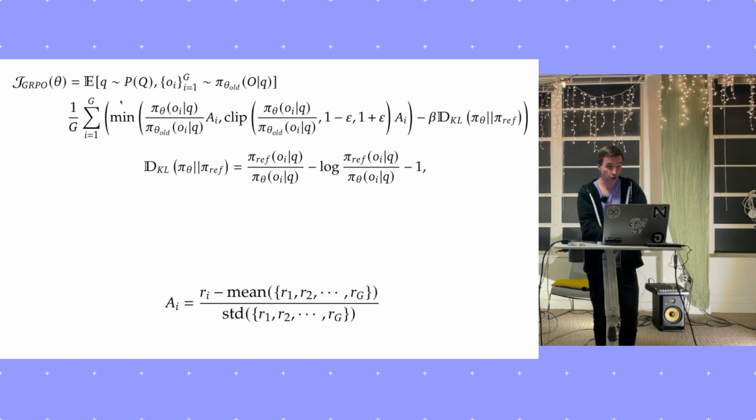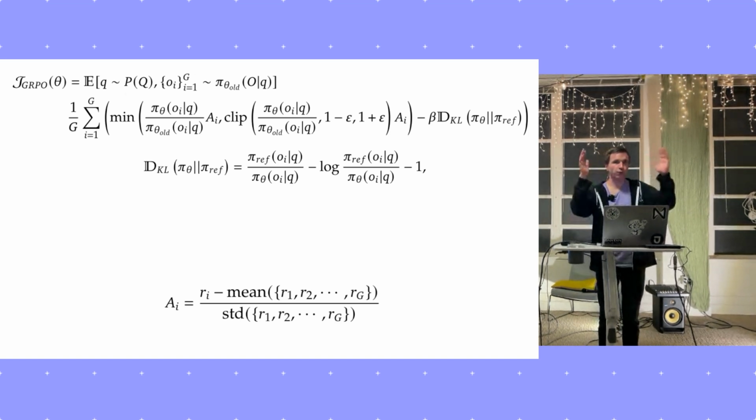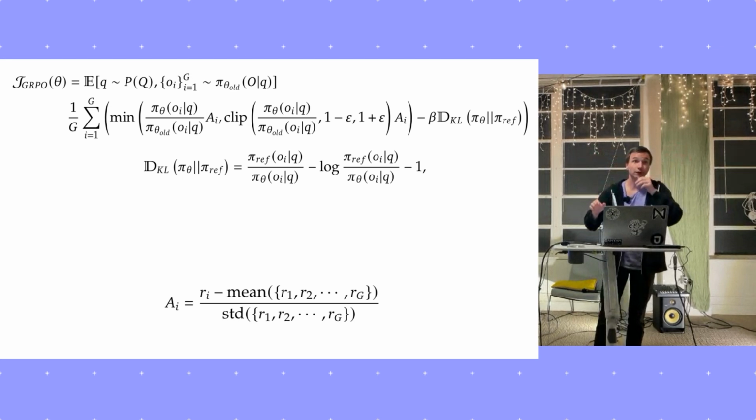Instead, what they do is that they sample, they create multiple, yeah, they compute multiple, they enroll policy multiple times. They enroll it, let's say, I don't know, 100 times, right?